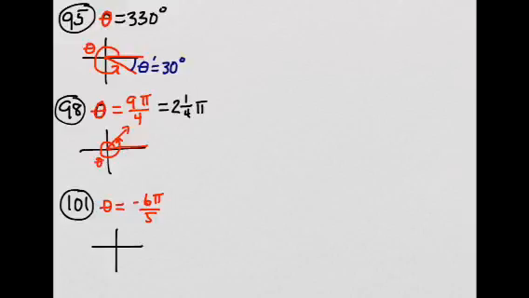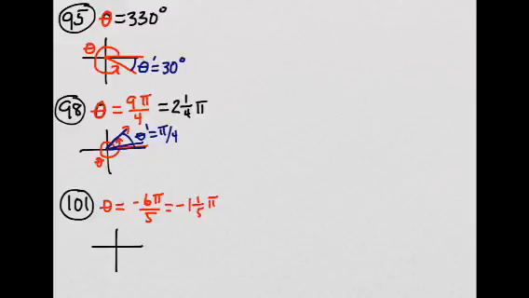And so the reference angle would be the angle made by the terminal side, which is this one, and the x-axis. So that would be theta prime, and that would be pi over 4. For 101, negative 6 pi over 5, that's negative 1 1/5 pi, right? That's negative 6 over 5.